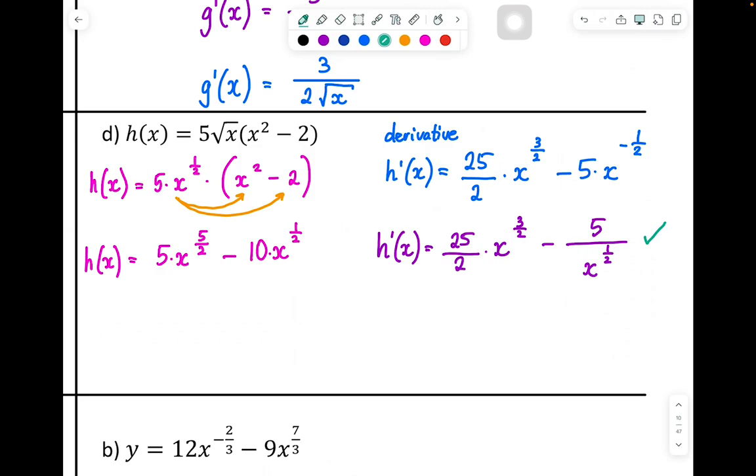The final step, which makes it easier for us to evaluate, is to change everything into surd form. So this 2 here becomes a square root of the x, and the power of 3 in the numerator is raised on the outside. X to the power of a half is expressed as a square root of x.